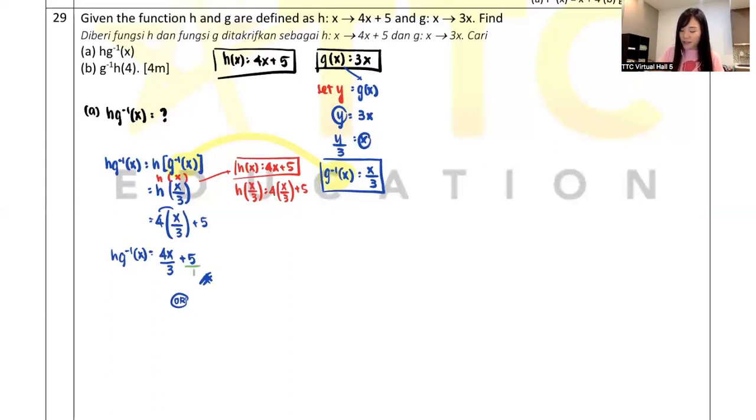So this 5, nothing at the bottom, over 1. How to suddenly have a 3? 3 times 3. Bottom times 3, top also times 3. Like that only balance. Fair, right? So everything over 3. So 4x, 3 times 5, 15. My dear, both answers are acceptable. The top one, the bottom one also can. But of course, you can just stop at the top one, okay?